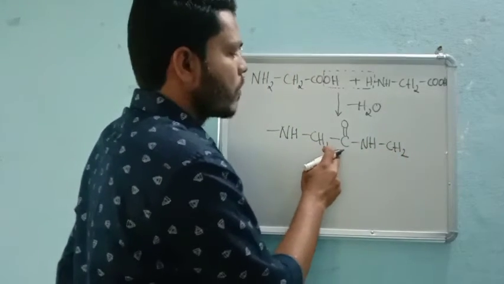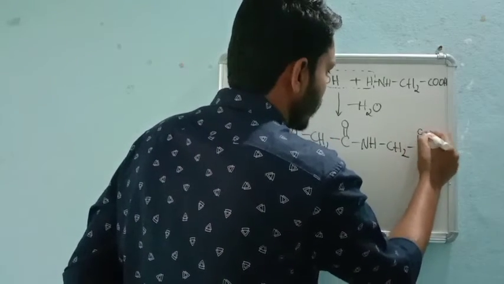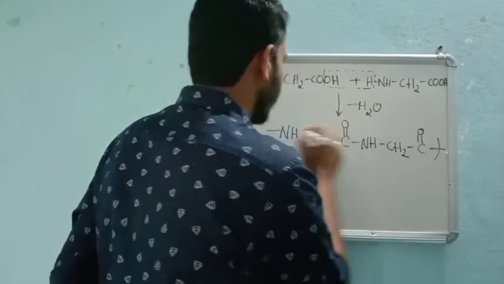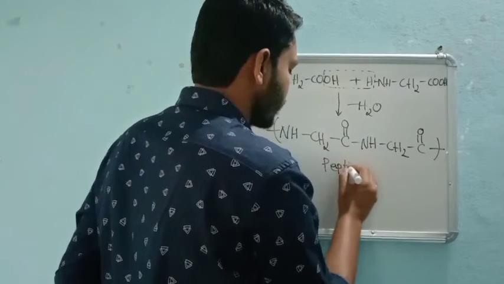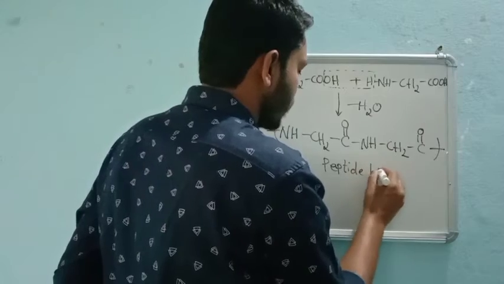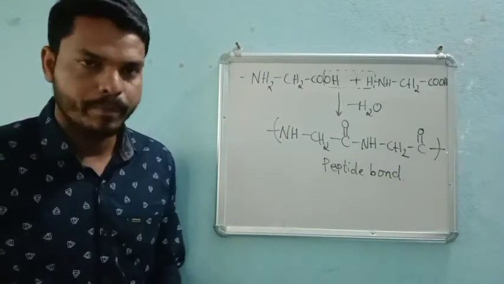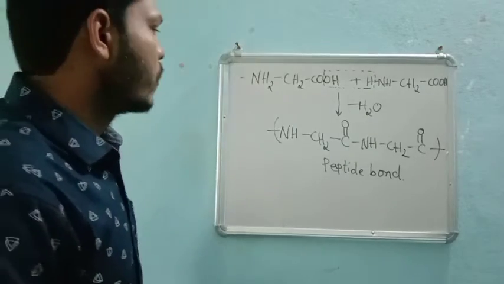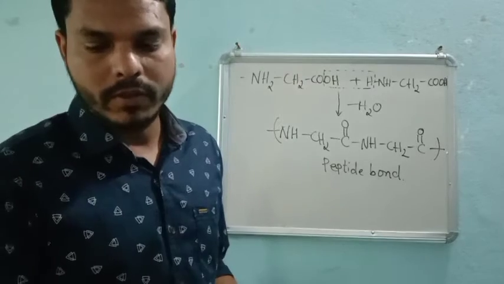Where there is a COOH, we keep only C double bond O. There is again a continuation, we can say. This is called a peptide bond. Peptide bond formation, right?